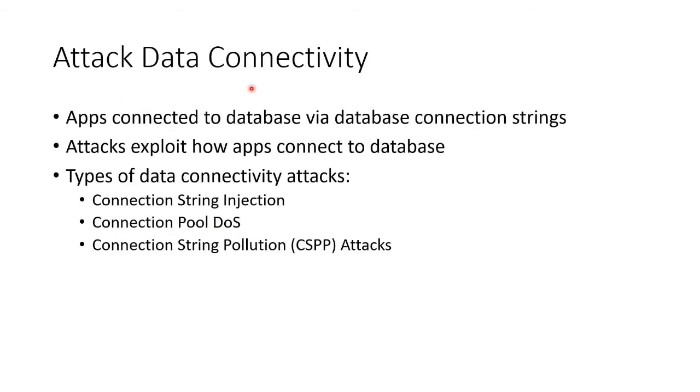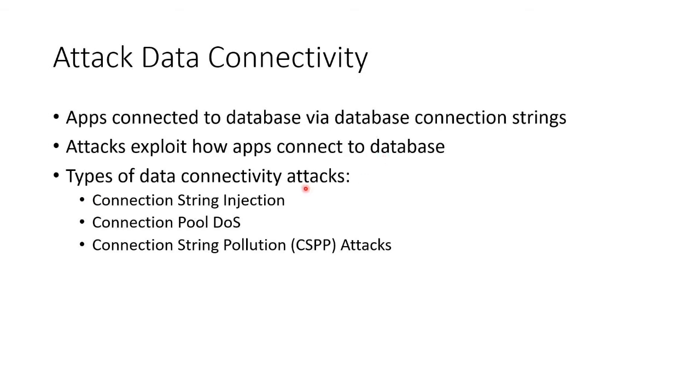We could attack just plain old connectivity. The app has to connect to the database via what's called a database connection string, because usually the app is on a web server here and the database is over there, and they talk to each other across the network, usually from the DMZ to the private network. So we could attack how apps actually connect to the database.